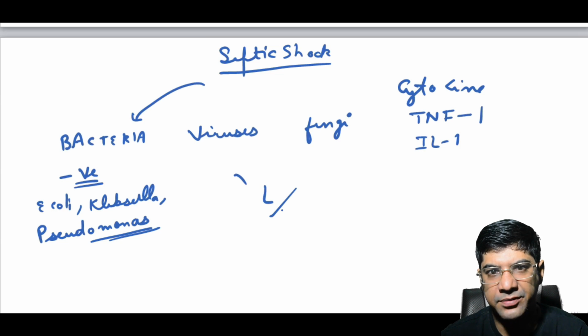CT scan and MRI of the spine or brain may be done to know the location of the injury. The management includes stabilization of the spine, fluid resuscitation, and vasopressors like norepinephrine and dopamine. Atropine can be given for bradycardia management, oxygen therapy as supportive care can be given, corticosteroids can be given, etc.